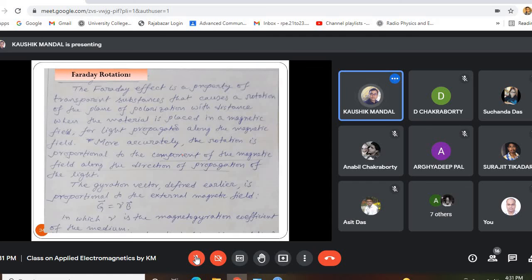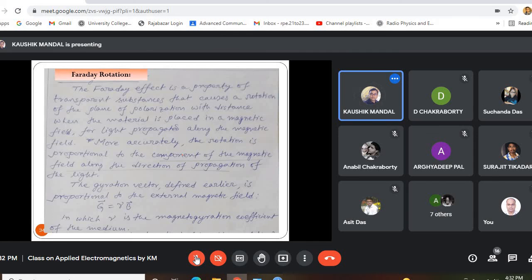If you place the optically active material under some magnetic field, so that we are considering the propagation of a light wave, or electromagnetic wave, through an optically active material under the influence of a magnetic field, in that case also the plane of polarization will be rotated, but it will depend on the magnetic field.